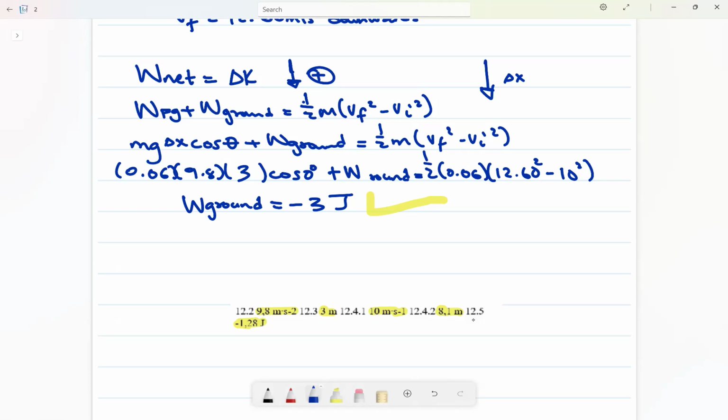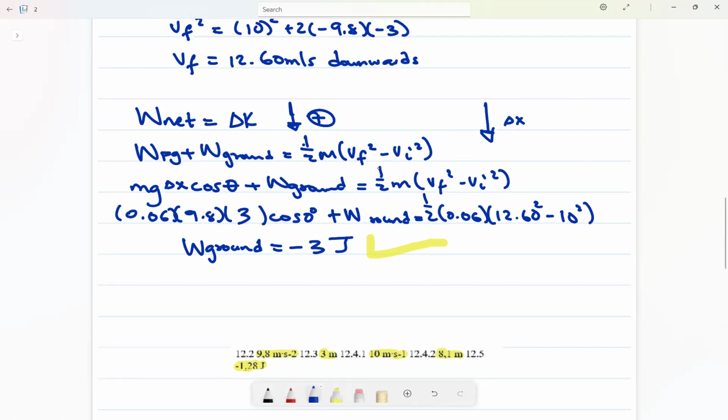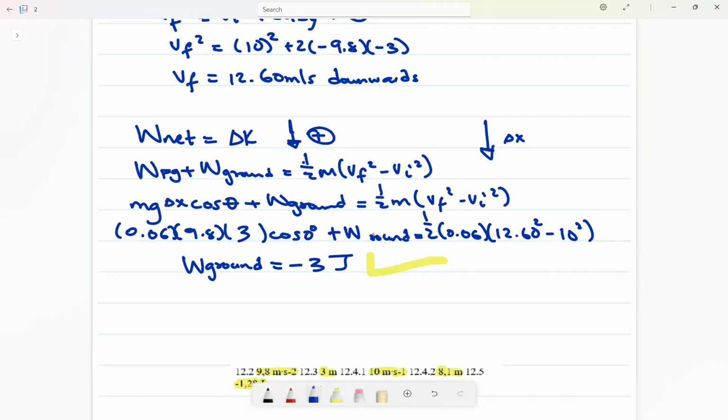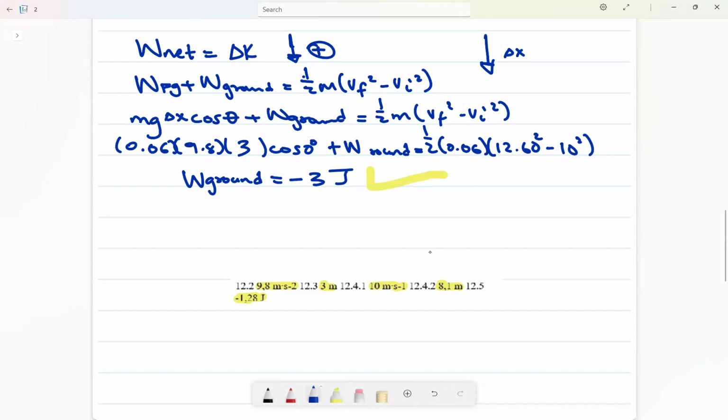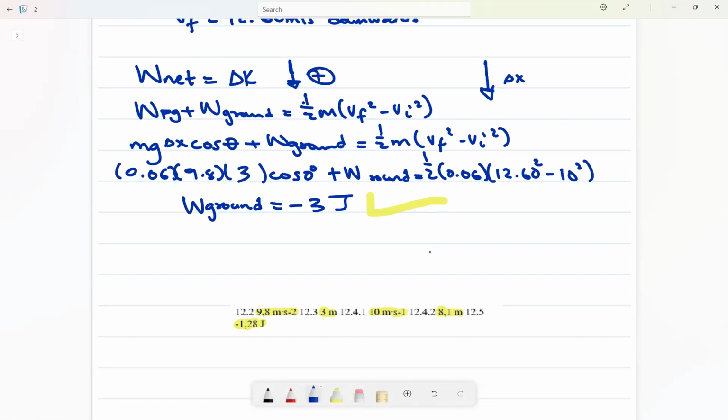Let me see if I'm doing something wrong in my calculator. mg change in x cosine of theta, work done by the ground, half m, this one minus that one. Let me see something again.